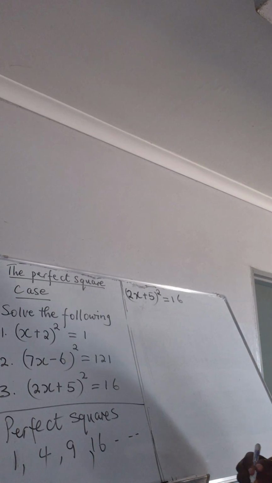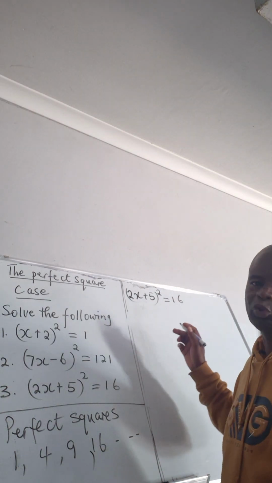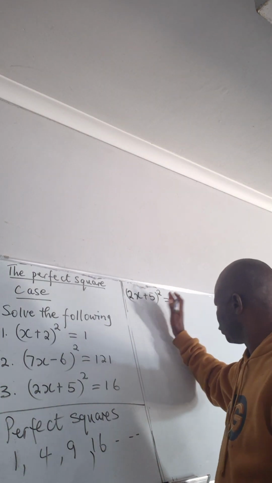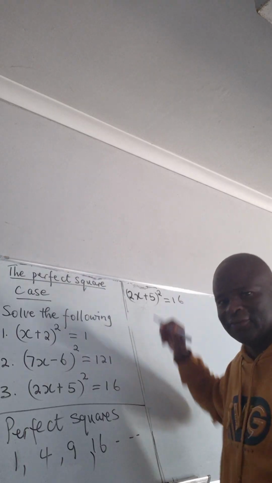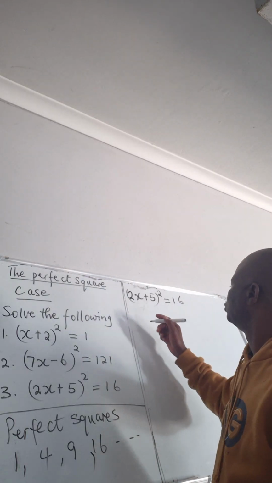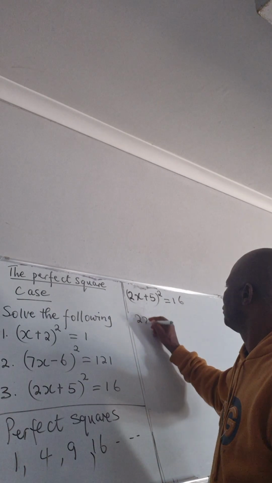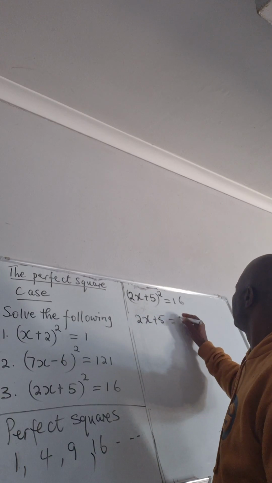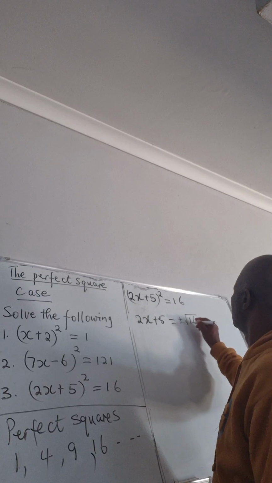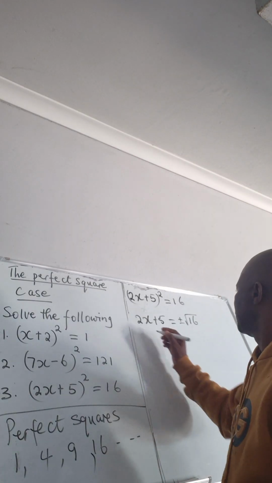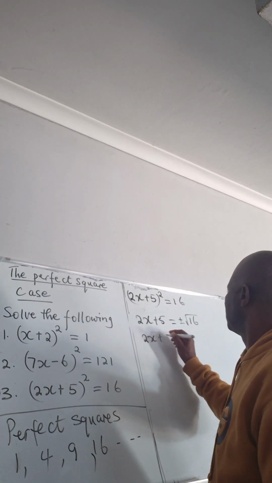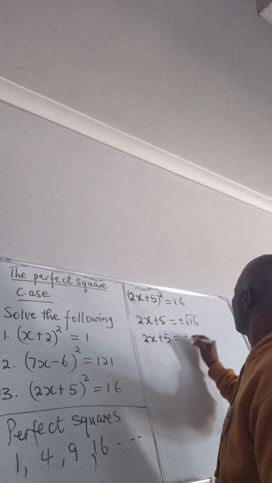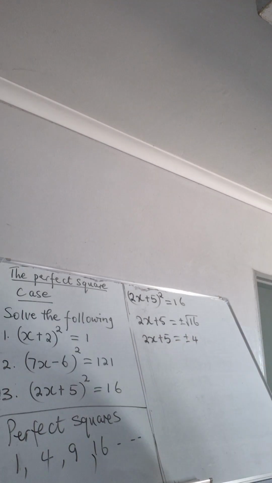Like I said before, take square roots on both sides. Taking the square root of the left hand side means you are cancelling the power 2. I get 2x plus 5 equal to plus or minus root 16. Right, 2x plus 5 is equal to plus or minus 4.